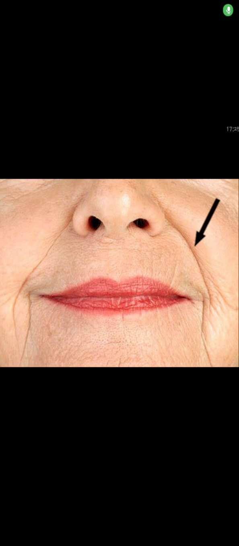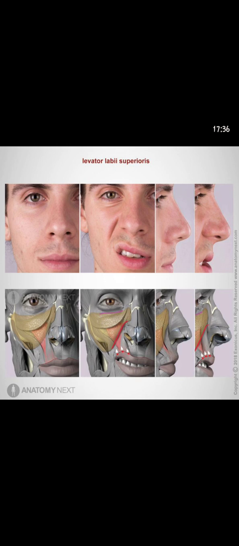And that quadratus labii superioris muscle, or levator labii superioris, this one, is responsible for this wrinkle.